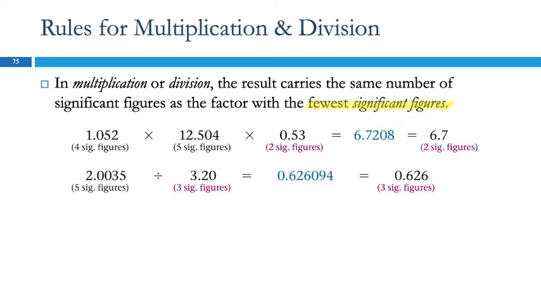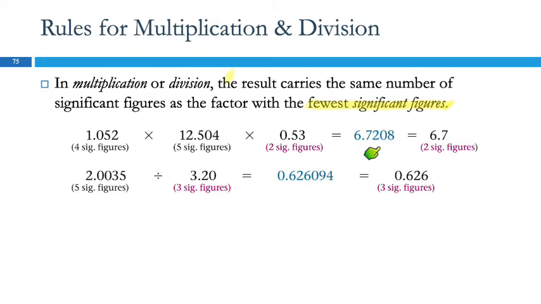Then go look for sig figs. I'm multiplying, I'm looking for number of sig figs. So I'm going to look at each of these factors, and count their sig figs. This one's 4, that one has 5, this one only has 2. Which one is smallest, 4, 5, or 2? 2. Okay, 2 is the smallest, so that's how many sig figs the answer has.